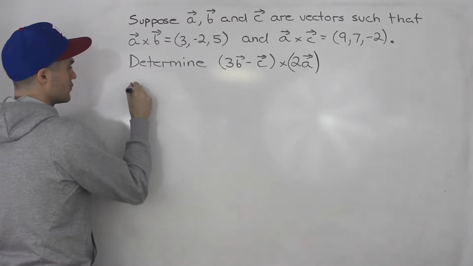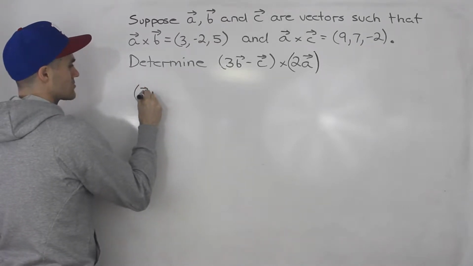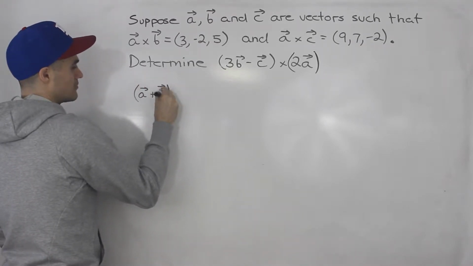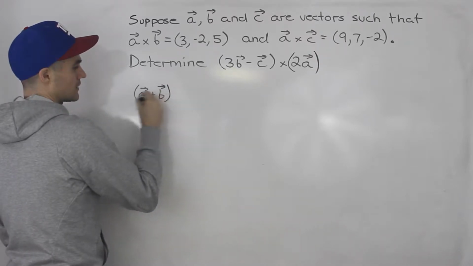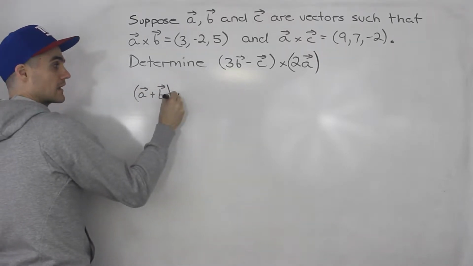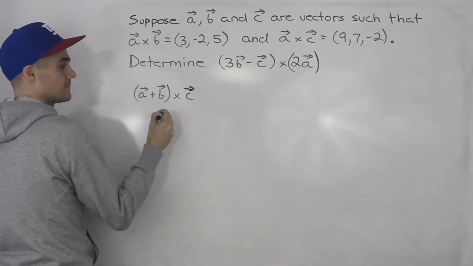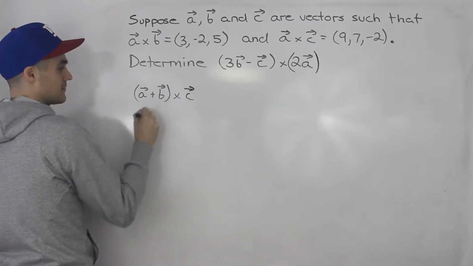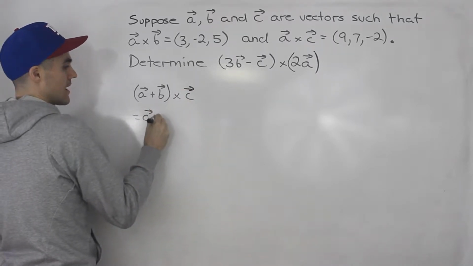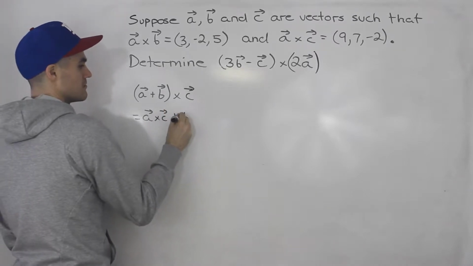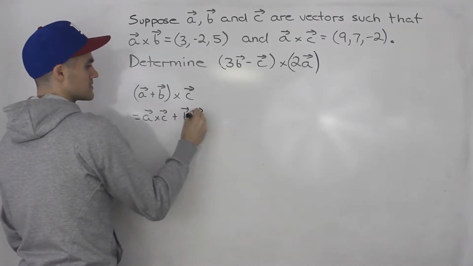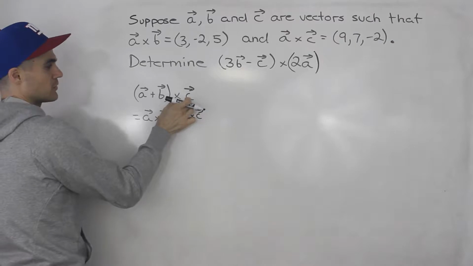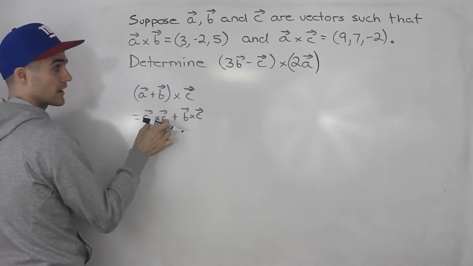What I mean by that, if you remember cross product rules, let's say we have a vector A plus B, and we're taking the cross product between this vector in brackets and another vector C. Well, that's the same as A times C plus B times C. So you're distributing the times C inside the bracket.